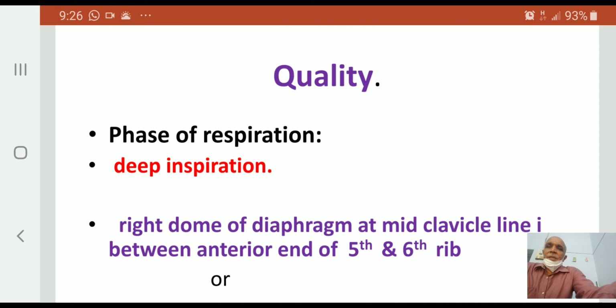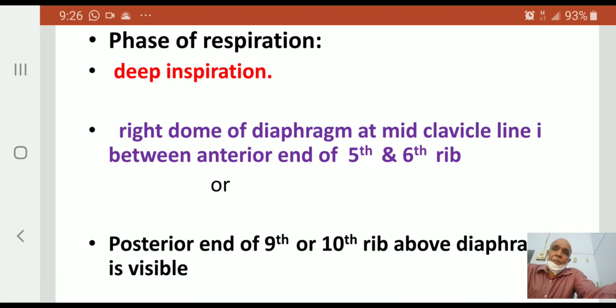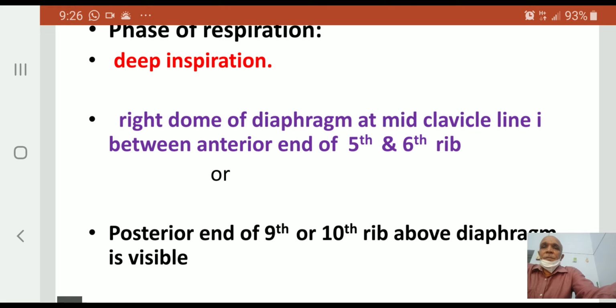When we say the X-ray is taken in deep inspiration, the right dome of the diaphragm at the midclavicular line is between the anterior ends of the 5th and 6th ribs, or the posterior end of the 9th or 10th rib above the diaphragm is visible. When this criterion matches, we can say the X-ray was taken in deep inspiration.